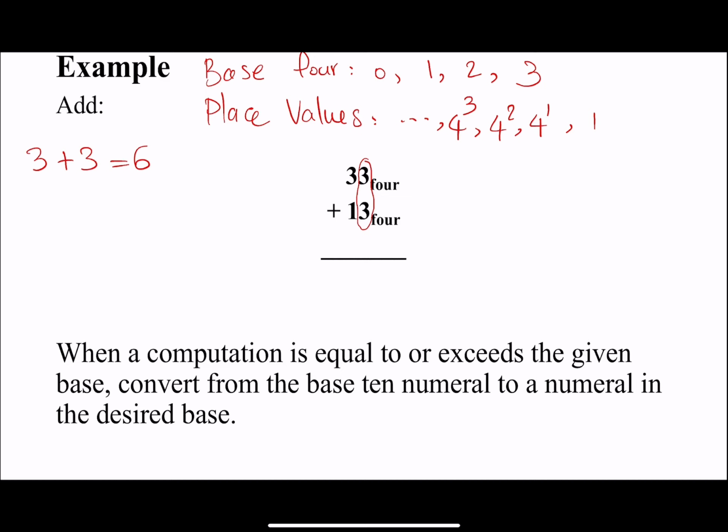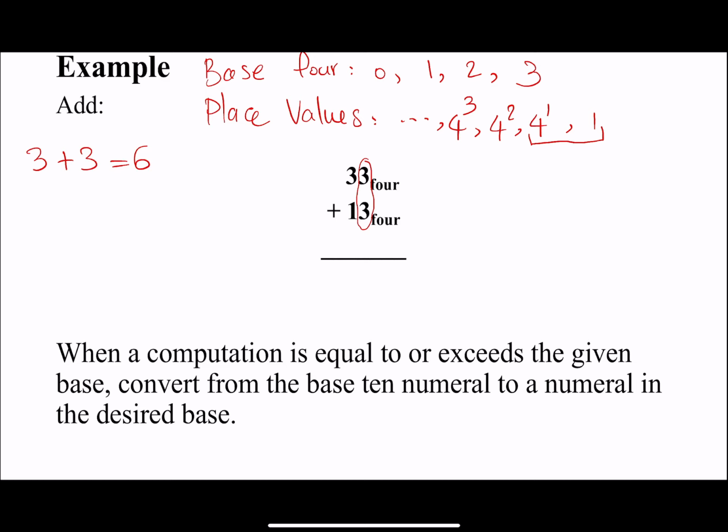Well, we look at the place values. We choose the place values that are equal to or less than the numeral that we want to convert. Here I want to convert 6, and as you see, 1 and 4 are the place values that are equal to or less than 6.